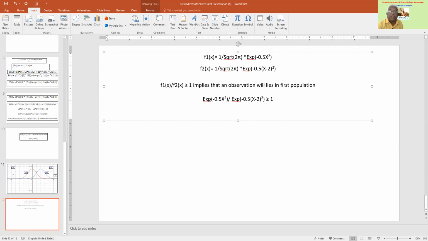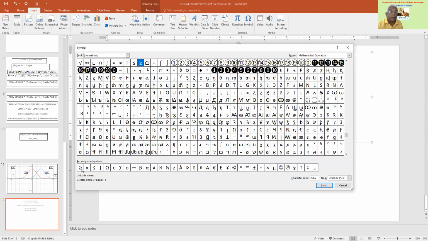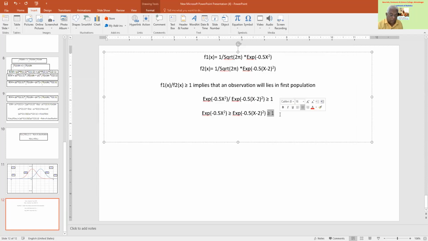Now, if I change the side, I can write this inequality like this. If I move the denominator to this side, I will get this.